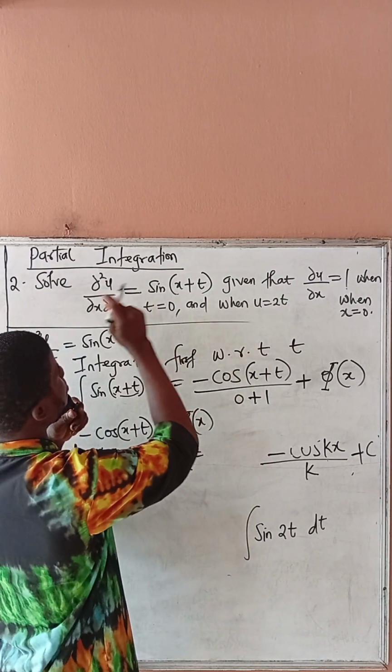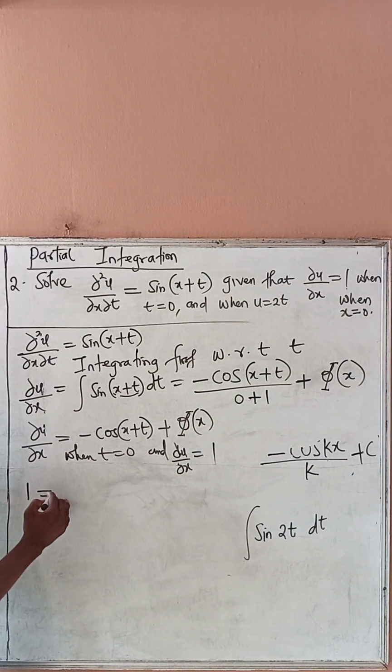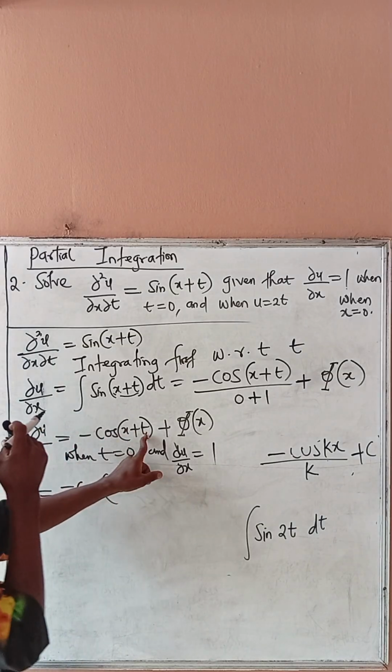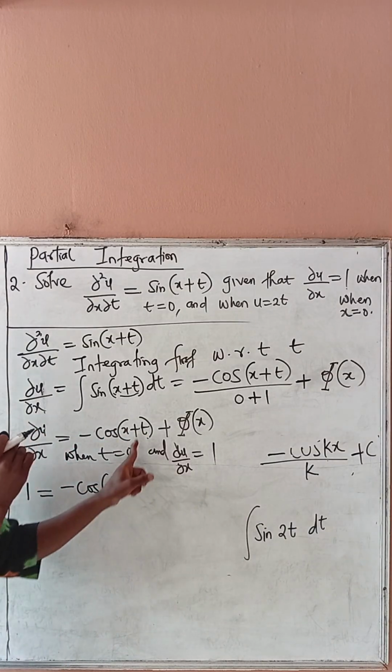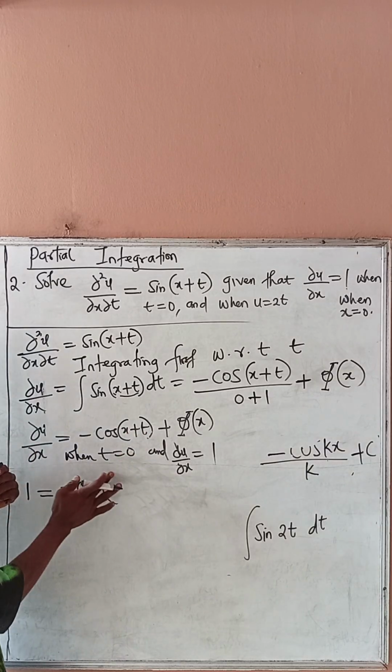What is it? 1. So it means that I have 1 here equals negative cosine of, look at it, if t is 0, x plus 0 is equal to x.